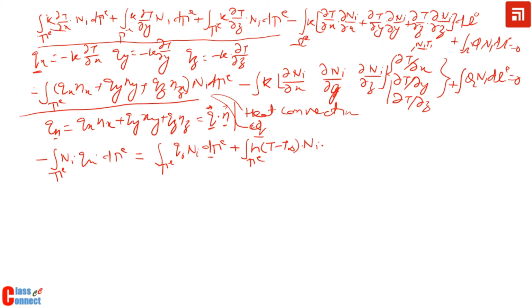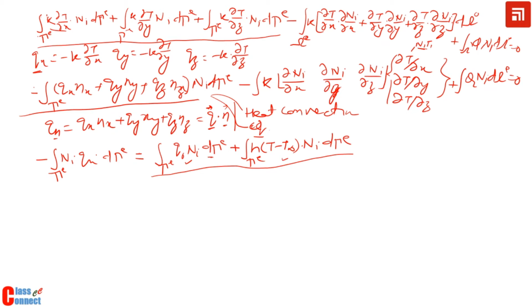So now I can replace this term with these two, because on the boundary we will have the heat flux boundary condition either in this form or in this form. So this is how we can replace this.